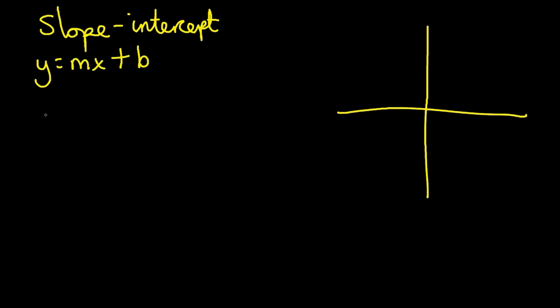So let's say we have the values needed, 3x plus 2, then we know that the y-intercept is at 2, so we have 1 point already, and we can make a table of values to do this.